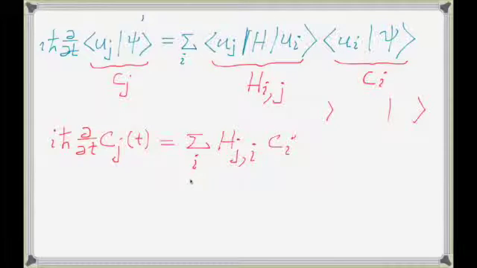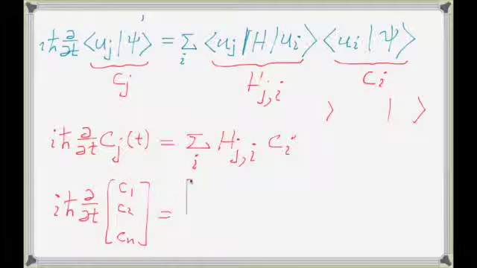Let me correct that. Indices are important. And if I write that out using a real matrix, i h bar d/dt of c_1, c_2 to c_n equals my n by n Hamiltonian matrix H, with all the n by n matrix elements, acting on c_1, c_2, up to c_n.